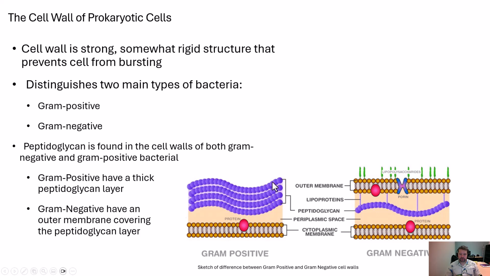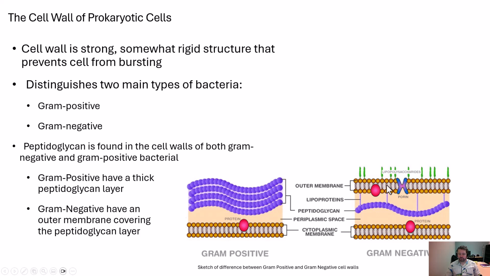This diagram's showing you multiple layers of peptidoglycan. They're linked together with cross linkage, which provides a rigid cell wall. But that cell wall goes all the way out to the outside of the organism.